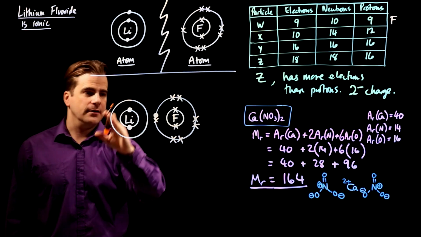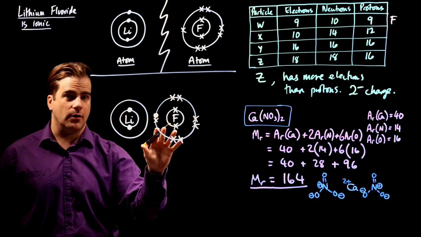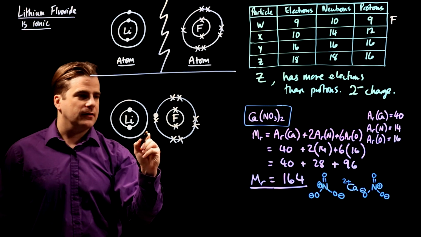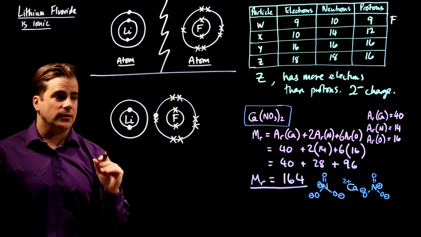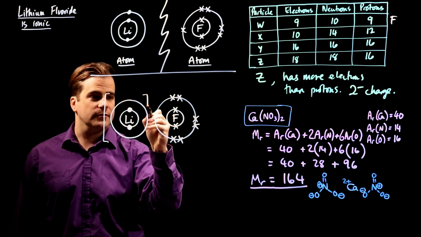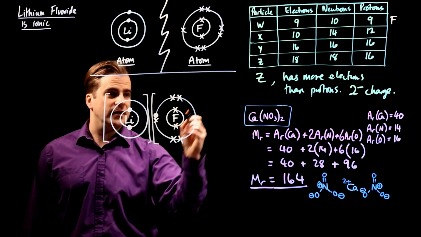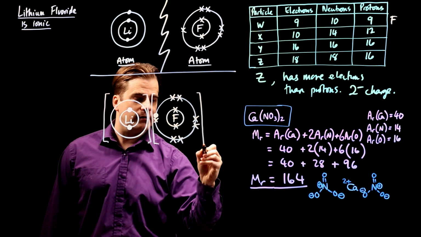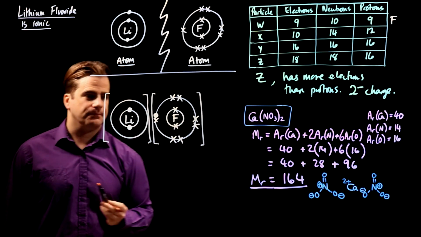When you're doing a dot and cross diagram and you're dealing with an ionic compound, which this is, you have to show the charge on the ions. And you do that with square brackets. So don't forget to put square brackets around these two ions, and you write the charge here.